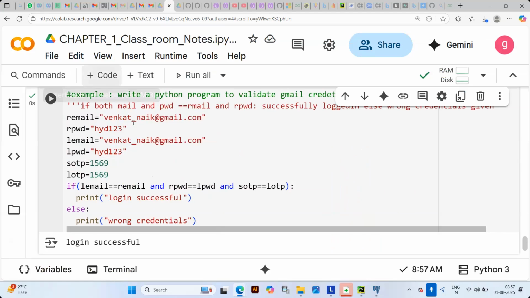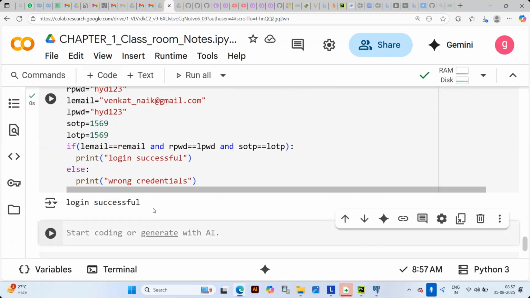Let us take another example. You write a program now. What is my program? Write a Python program to validate if PAN and Aadhaar must be submitted for opening an account at a bank.